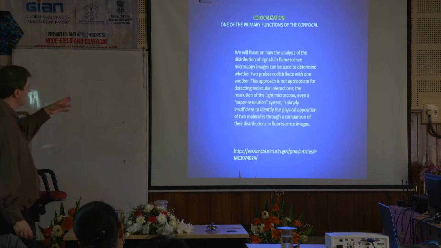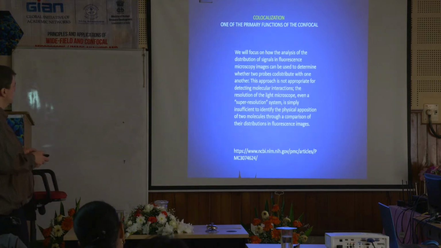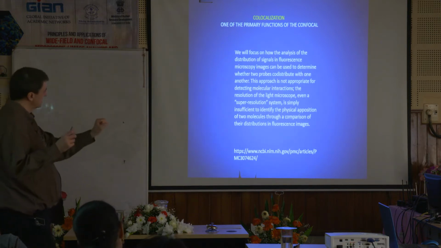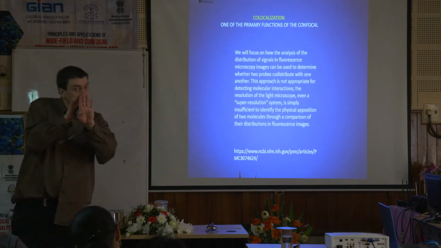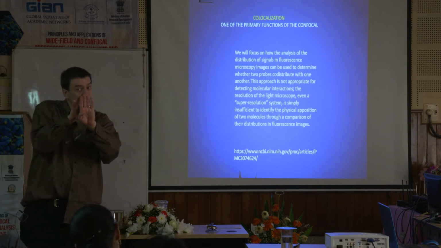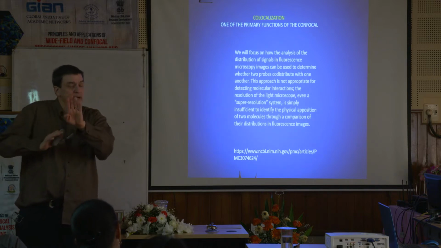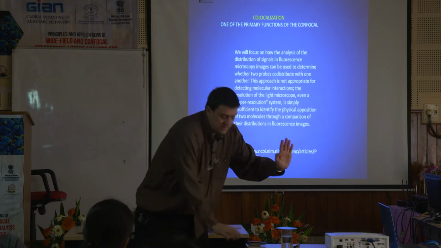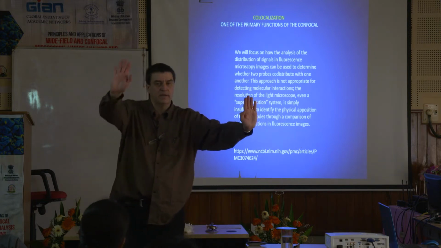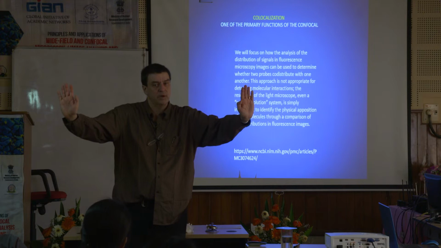Let's see what we wrote here. We will focus on how the analysis distribution of stimulus fronts can be used to determine 2 probes. So basically, you're looking at 2 different colors. And remember what we talked about yesterday: you don't want to use 2 colors that bleed into each other, that overlap with each other. Anytime I hear co-localization, I like to use a green way over here, and a far red, which is way over here.